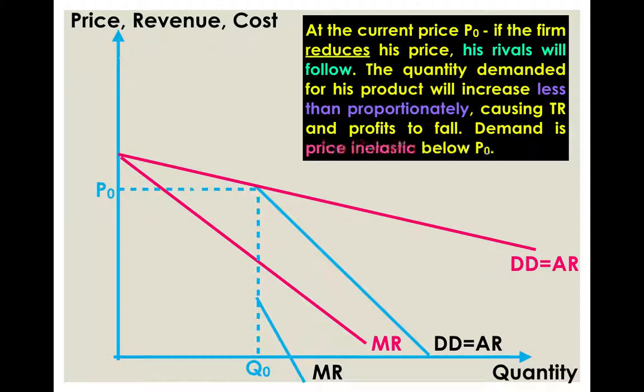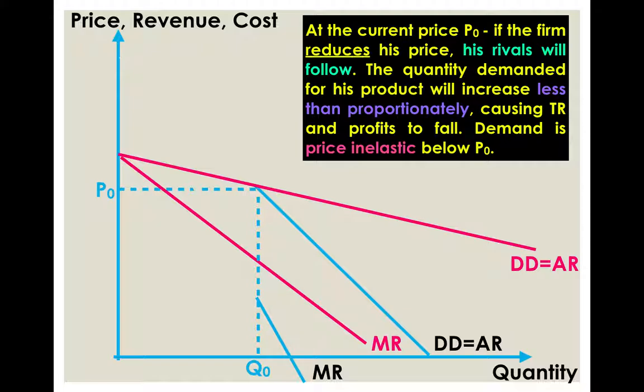Now let's consider what happens if the firm reduces his price below P0. Now if the firm tries to reduce its price, his rivals will very quickly follow to prevent their customers from being snatched away. Now this means that the quantity demanded faced by this firm for his product will probably increase less than proportionately, because his price cuts are being matched by his rivals.